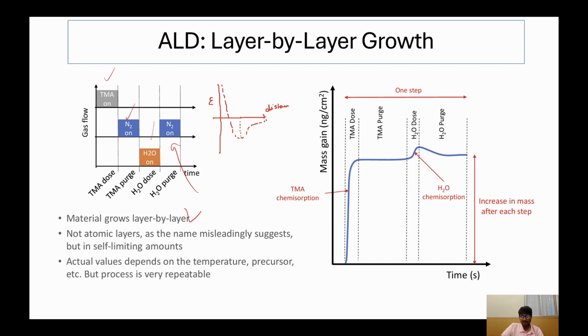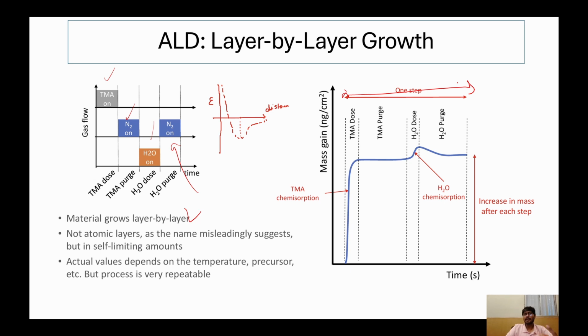Reaction happens faster, within milliseconds a monolayer of TMA covers the substrate, but you need to have enough dose of TMA, so we will see that process. So this is one step.